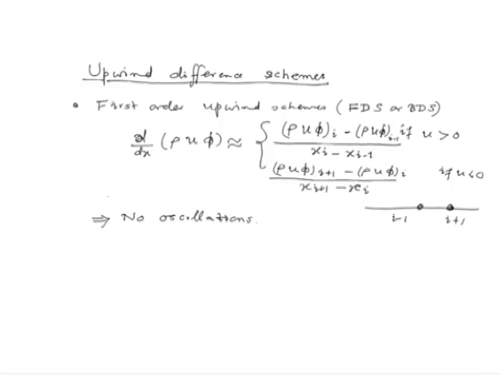So this is an advantageous feature: no oscillations in numerical solution for any value of P, that is, it does not matter how small or how large the Peclet number is, that is, how strong the convective term is.